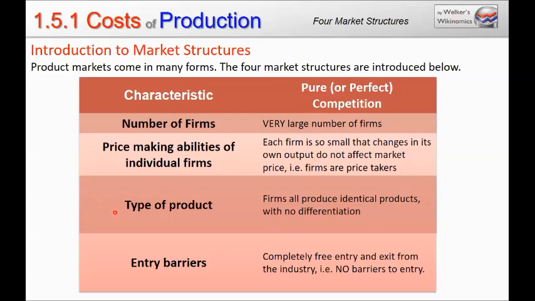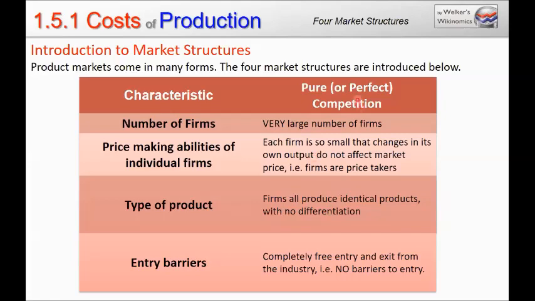Also, in terms of type of product, firms all produce identical products with no differentiation. So it means identical, similar, this company or business is selling similar or identical products.